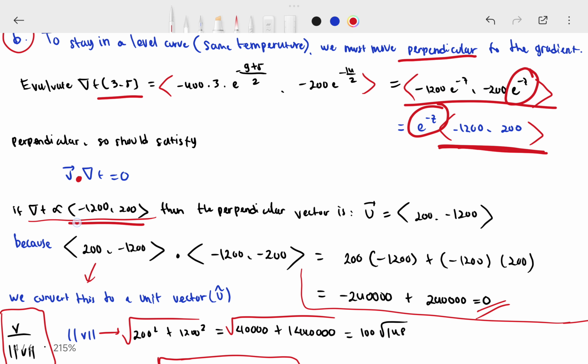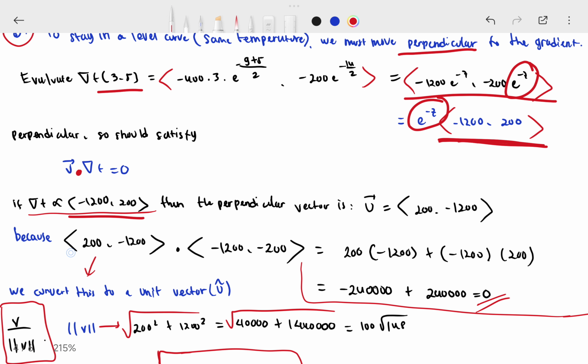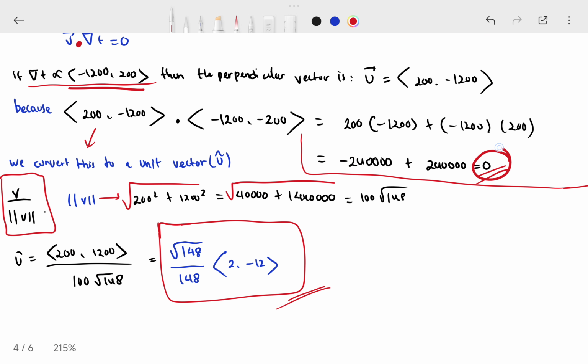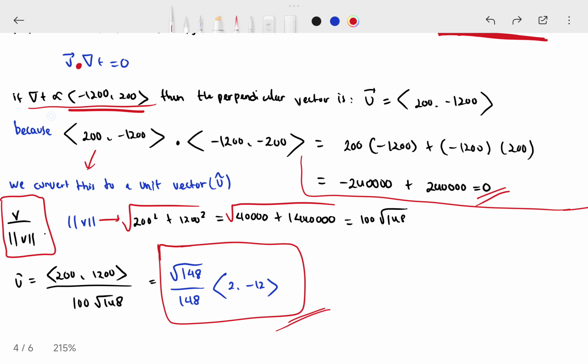If we put this into the equation, the dot product with the vector we have found is 0. So (200, minus 1200) dot product with this one will become 0. So it is the correct vector that we're going to use.